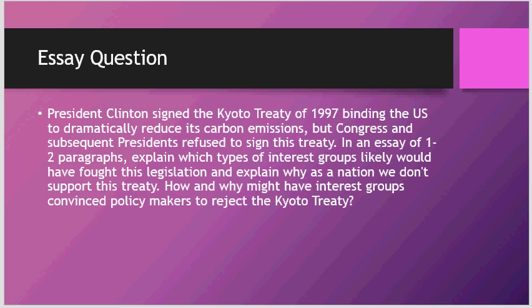How and why might interest groups have convinced policymakers to reject the Kyoto Treaty? So with this one you really want to look at the fact that Clinton was more of an environmentalist. Subsequent presidents may have been influenced by interest groups and subsequent congressional members as well. So those are your essay questions.